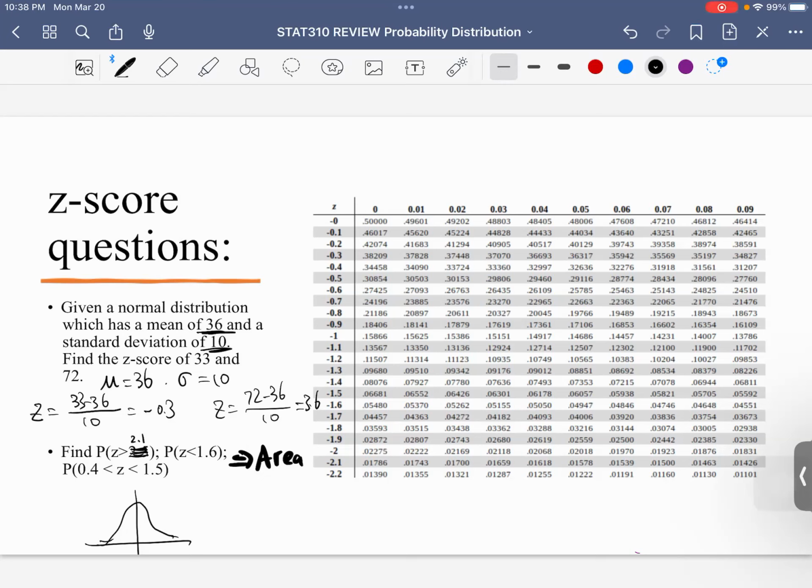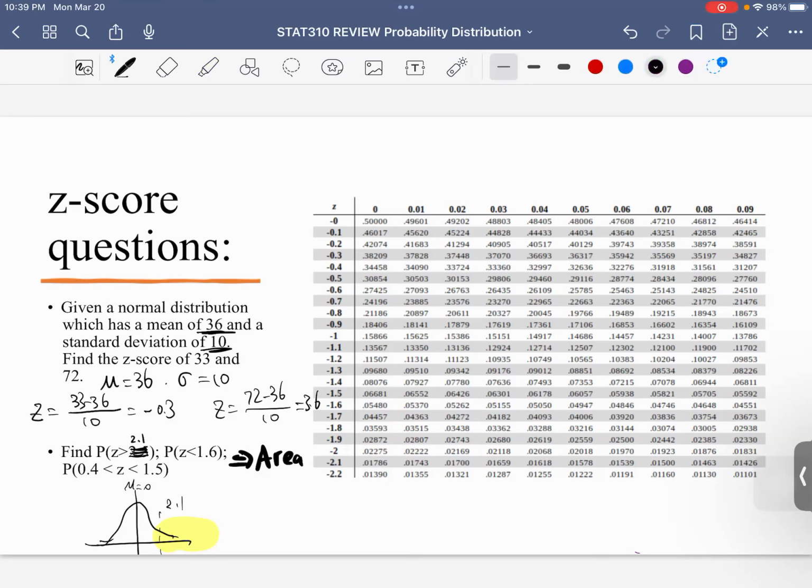So for the standard normal distribution, mu is 0, sigma is 1. When you try to find z greater than 2.1, 2.1 would be here. Which means you want to find the value on the right-hand side.